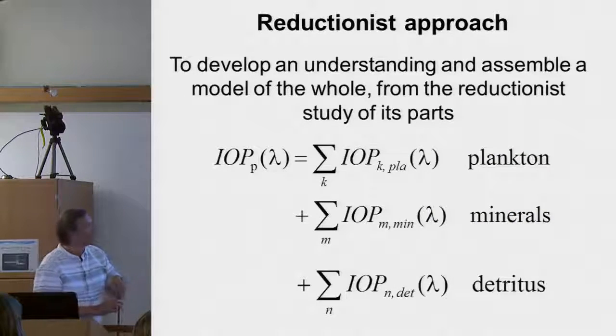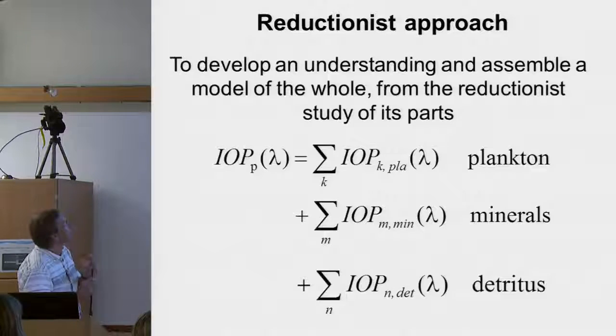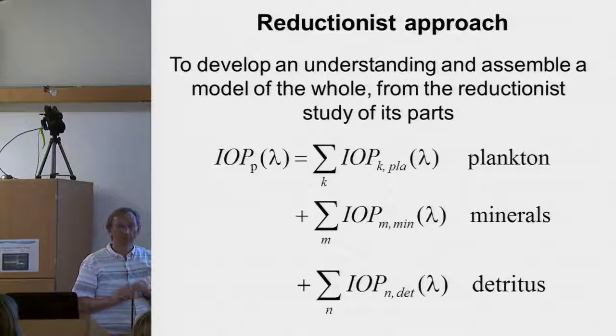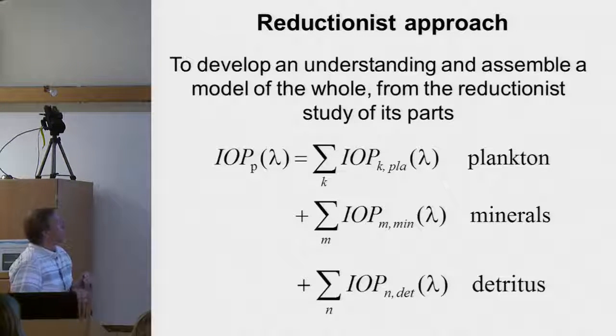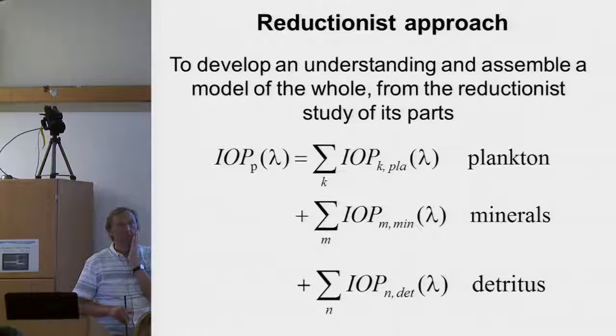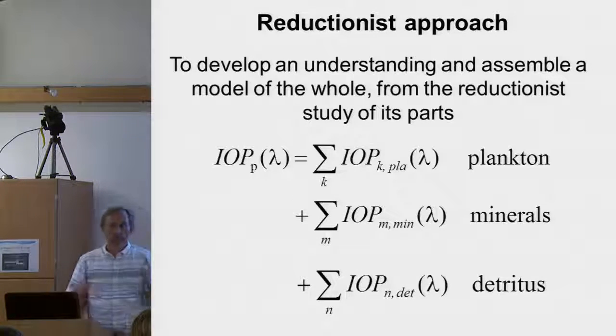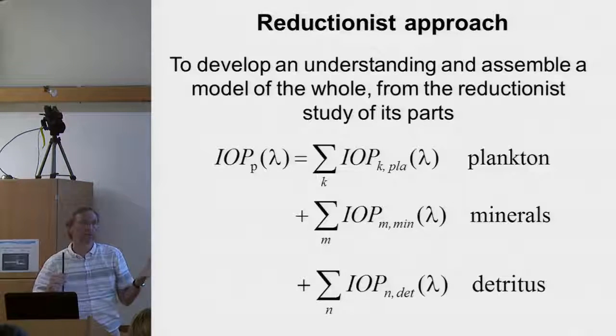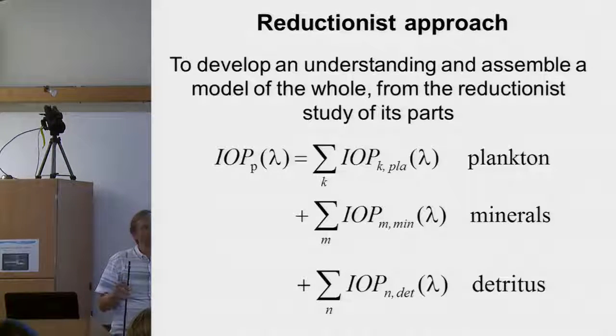So I would like to spend the last 7-8 minutes on one potential avenue of research, maybe some of you may consider doing, where we look at water as a medium consisting of many types of constituents, each of which has distinct optical properties, but at the same time may play a specific distinct role in ocean biogeochemistry.